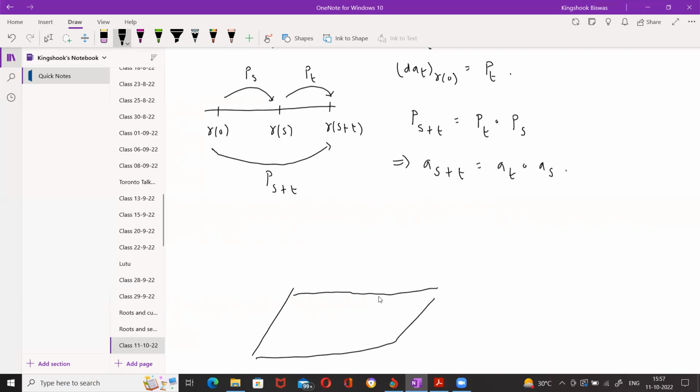So M equals NAK mod K, which is identified with NA, which is identified with some R^N cross (0, infinity).